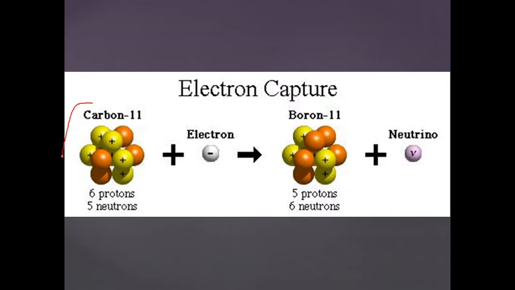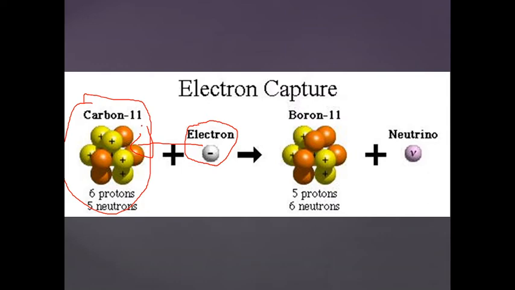The parent captures an electron. Now this electron is not coming from outside, it is within the atom; this electron is part of the atom carbon 11, but it is outside the nucleus, and it can be captured by the parent nucleus.